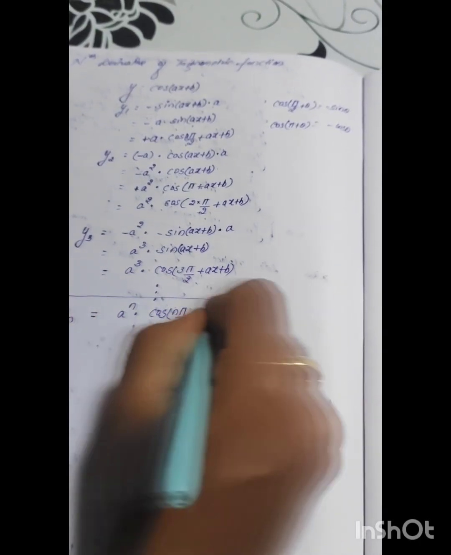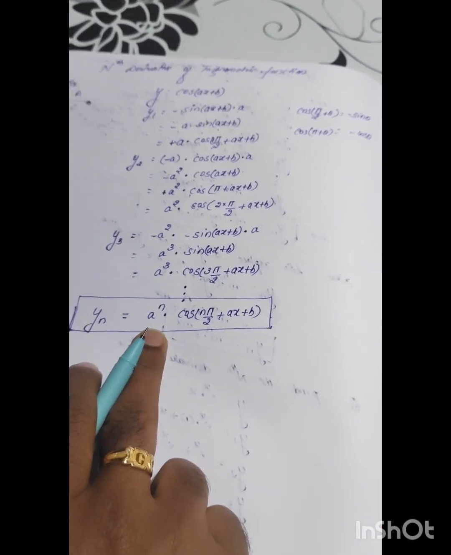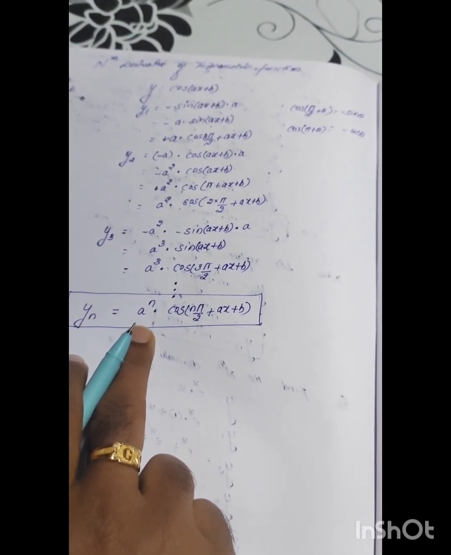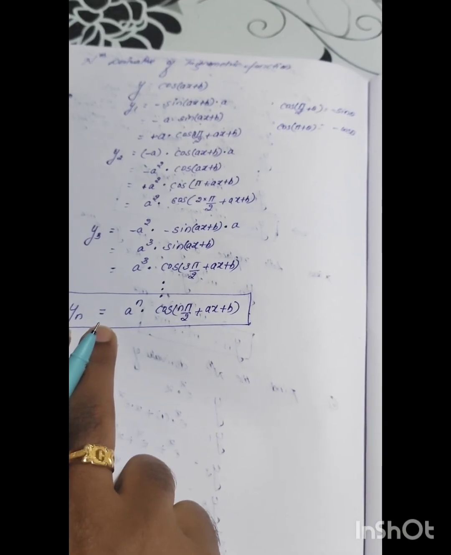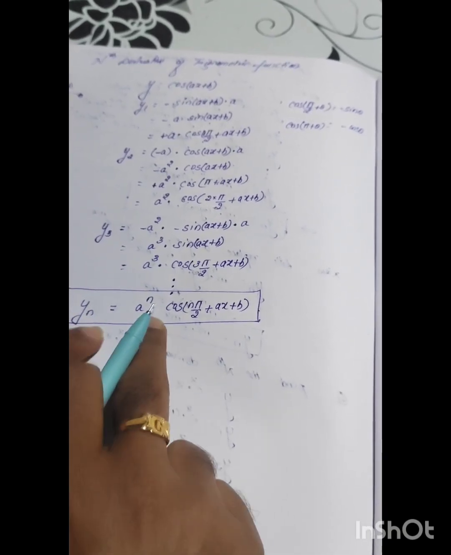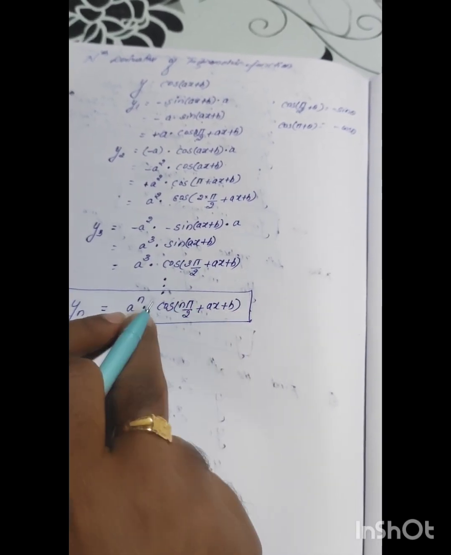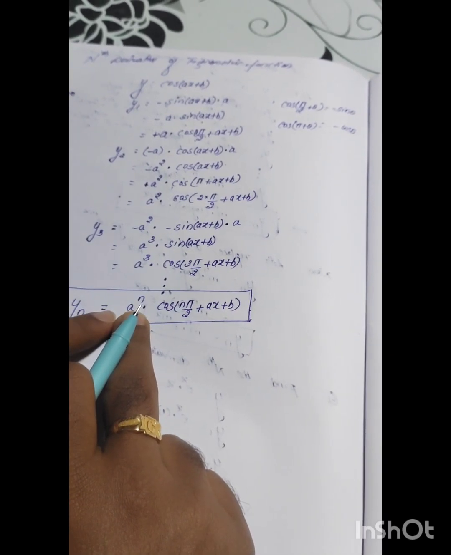So the nth derivative of cos of ax plus b will be given by yn equal to a raised to n into cos of n pi by 2 plus ax plus b, where a is the coefficient of x.